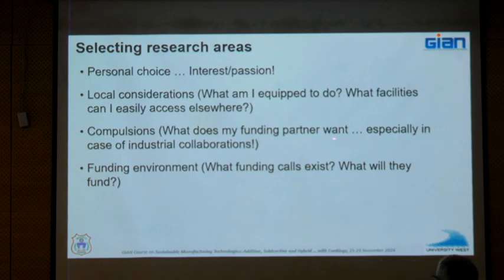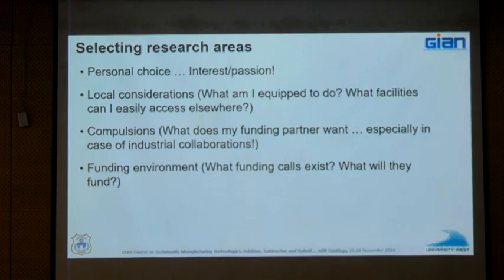So, there are compulsions like that. Imagine that there is no compulsion from your partner, but you are applying for funding. Sometimes in India we are fortunate, we don't have to apply for funding. We get some money from the department. Sometimes you may not get. Then you need to write an application and pick a research area that resonates with that funding call. People come and ask me, oh, are there any India-Sweden calls for funding? Yeah, there are. They come once in a while.